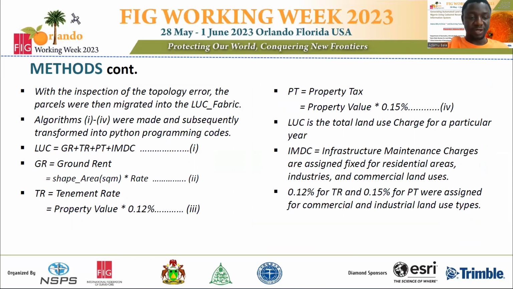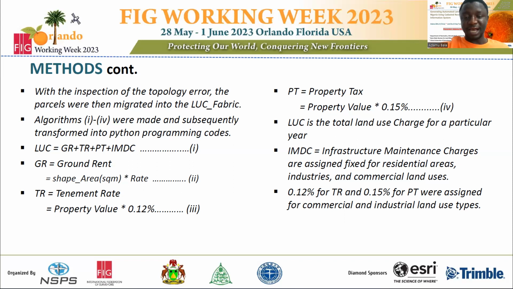That is equation number 1: land use charges equals GR plus TR plus PT plus IMDC, where GR is the ground rate, TR is the tenement rate, which is equal to the property value at 0.12%, and PT is the property tax, which is pegged at 0.17. LUC is the total land use charge for a particular year.